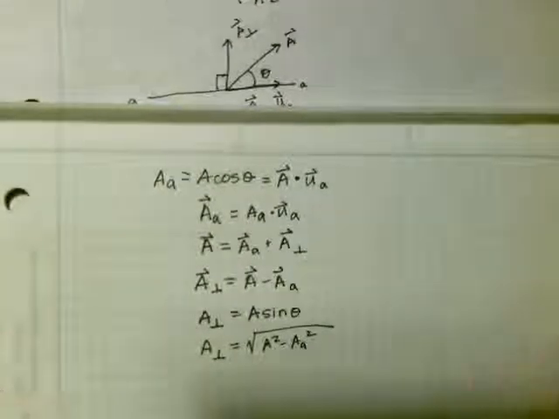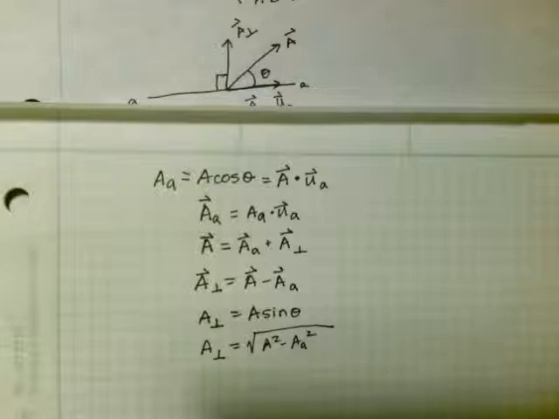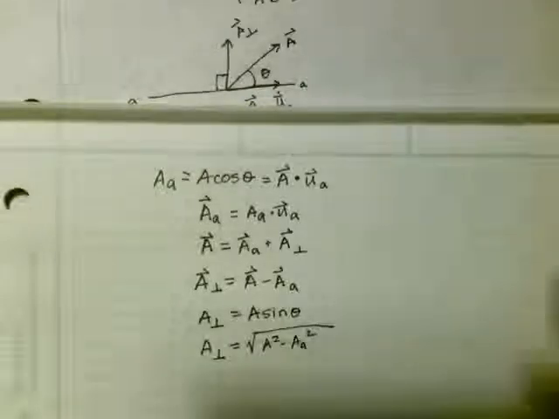So this shows some of the varying ways that we can use dot products to look at that angle theta, or put the components into parallel and perpendicular directions. All right, examples to follow.